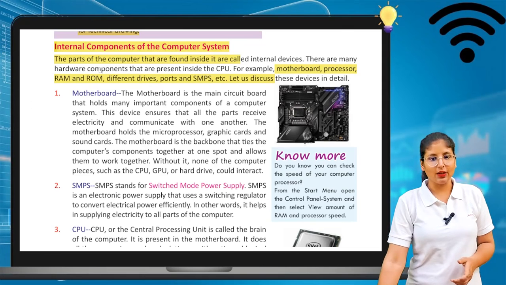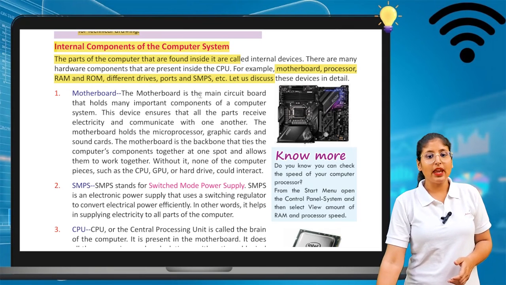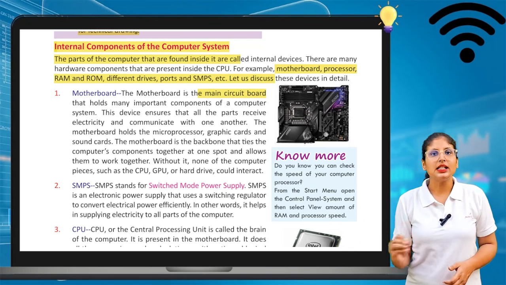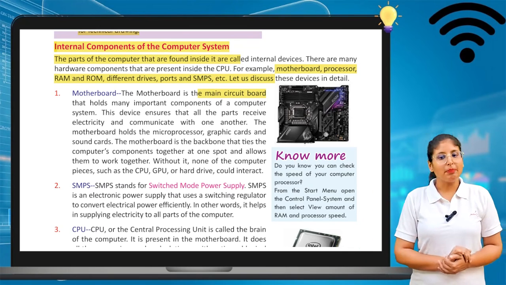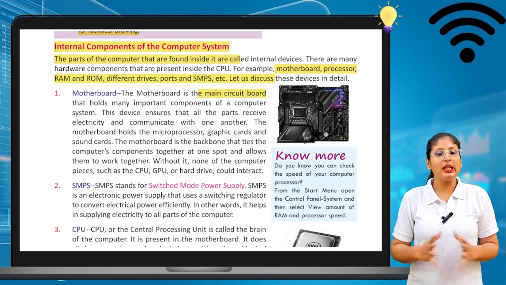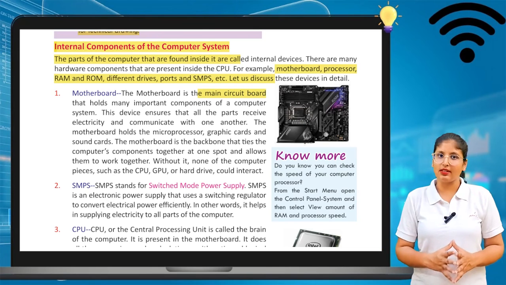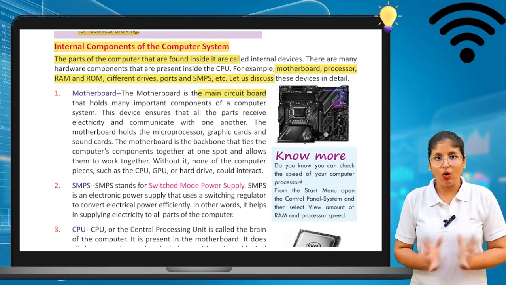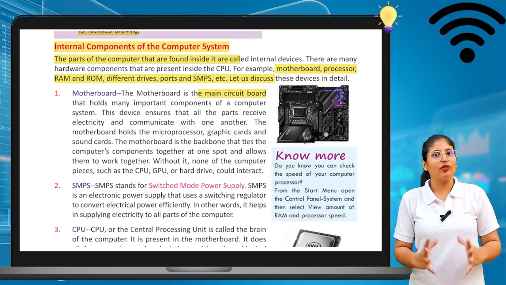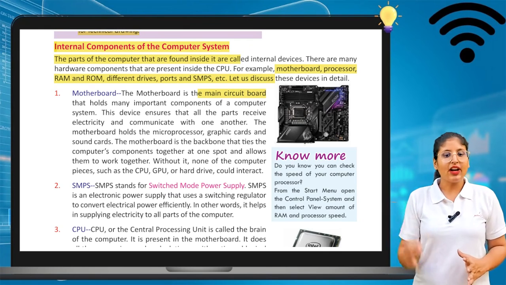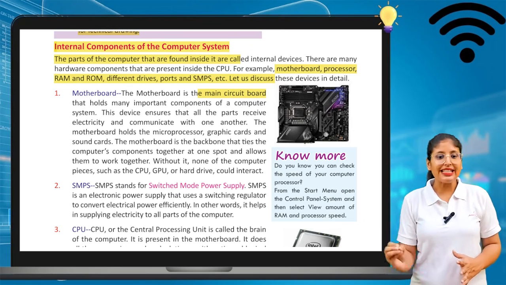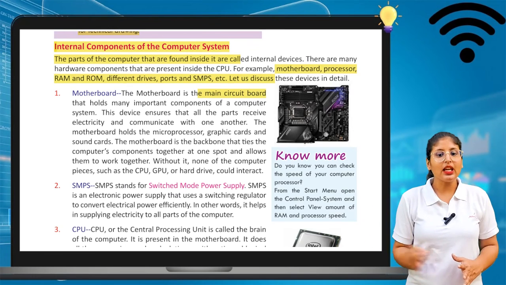A motherboard looks like this. A motherboard is the main circuit board, so it is also known as the main circuit board. It holds many important components of a computer system. This device ensures that all the parts receive electricity and communicate with one another.